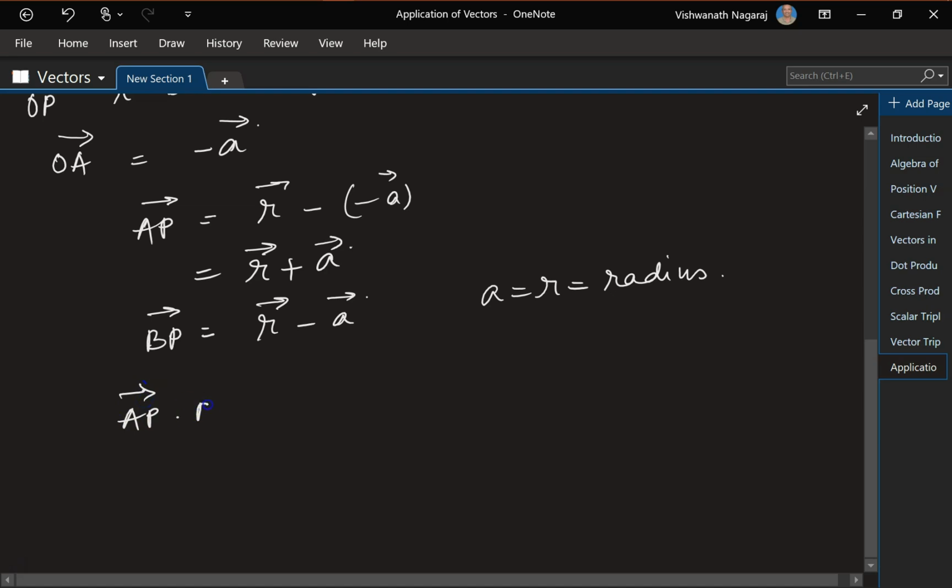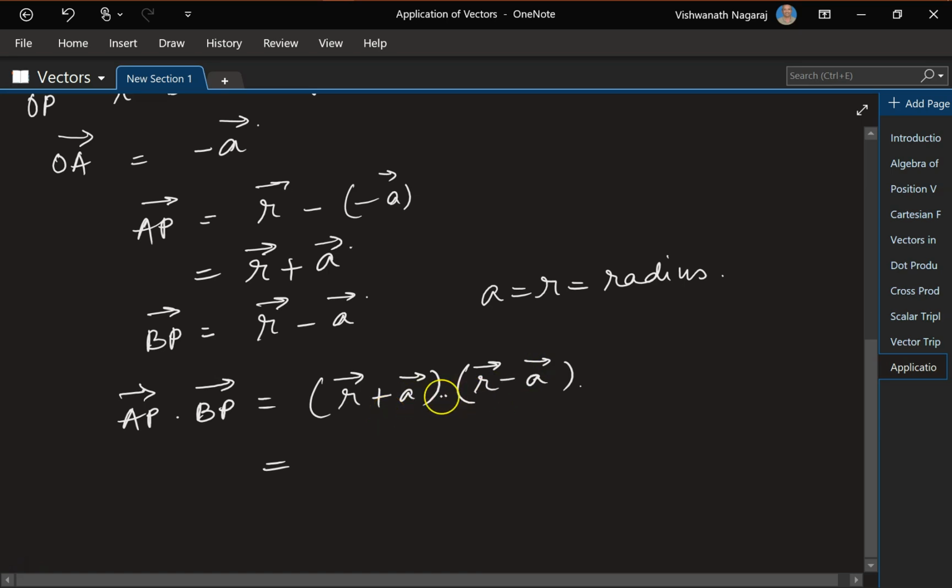AP dot BP, the dot product, is equal to R plus A dot R minus A. Now remember, R and A are equal.